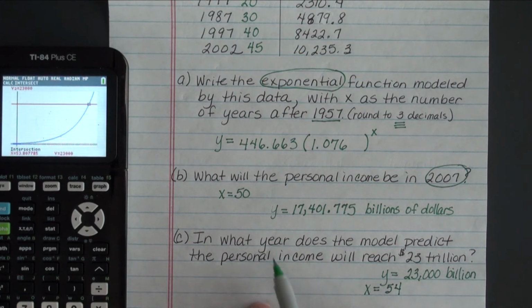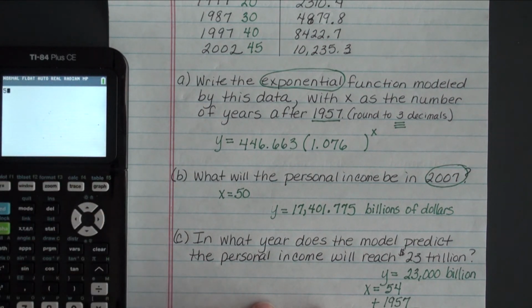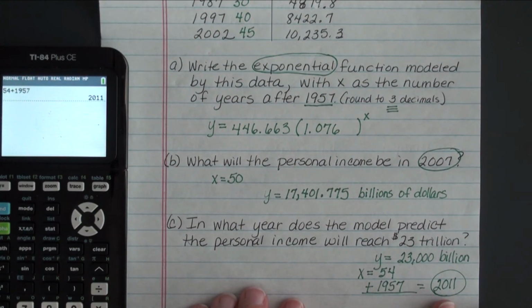So if we want to know what year that is, I need to take 54 plus my starting year, which was 1957. And 54 plus 1957 is 2011. So that is the year in which our income will reach 23 trillion for this particular country.